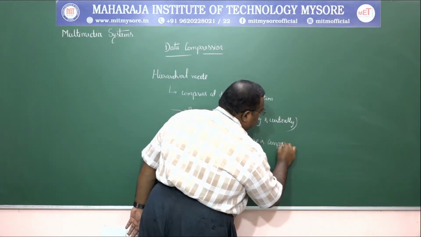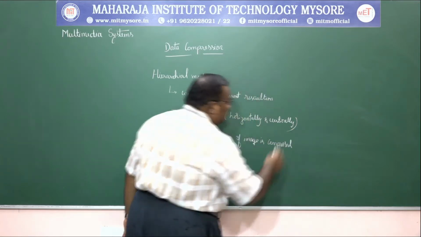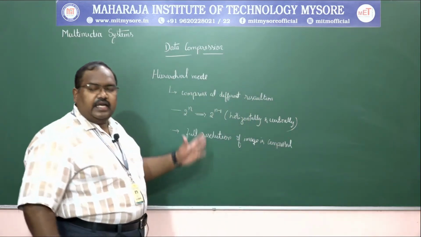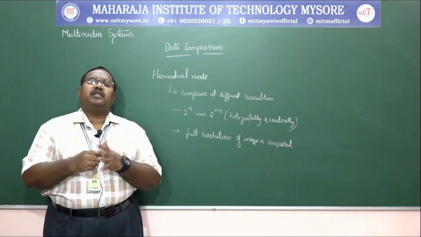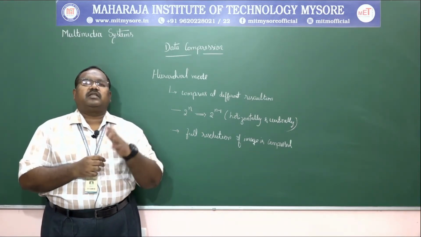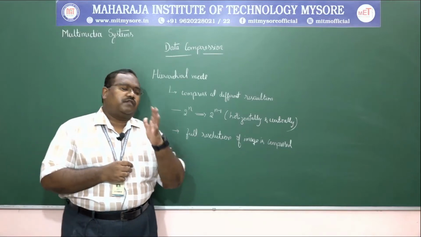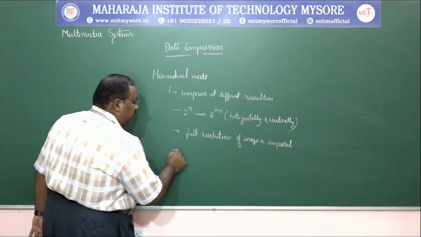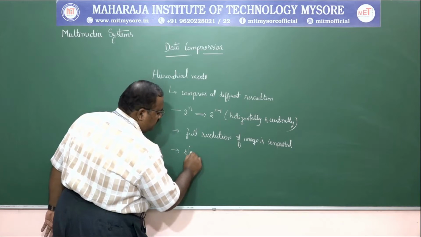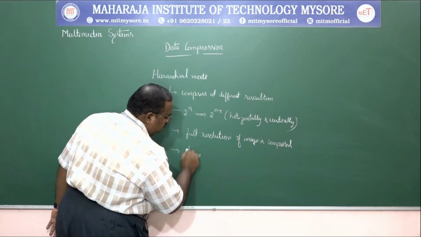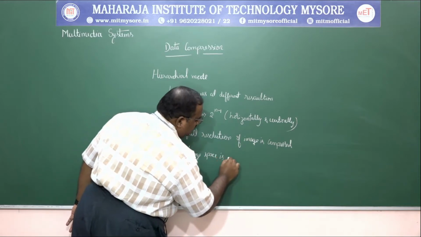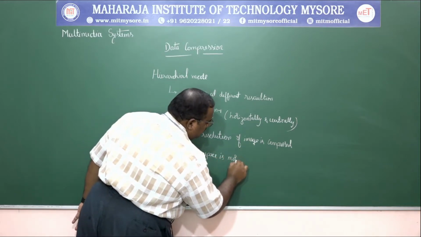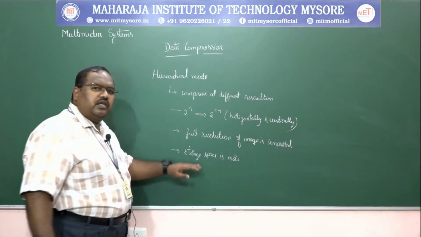So this is about the hierarchical mode. When we talk about hierarchical coding, it is computationally intensive and requires a considerable amount of storage space. This is one drawback we can say. Why is it so intensive?